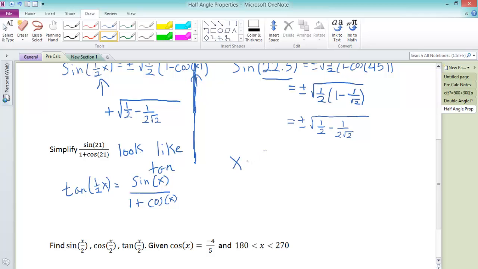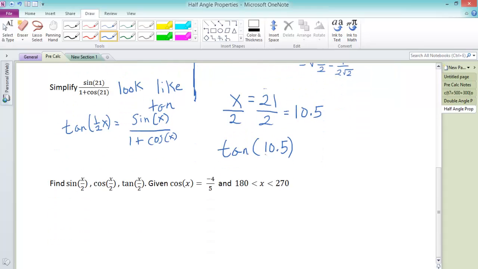So I know that x is equal to 21 over here, but I'm interested in 21 over 2. So I'm going to divide by 2, and this simplifies down to 10.5. So this is just going to be the tangent of 10.5. And that's all I wanted, was to simplify it down to the tangent of 10.5. There's no need to factor anything, it's just the tangent of 10.5.